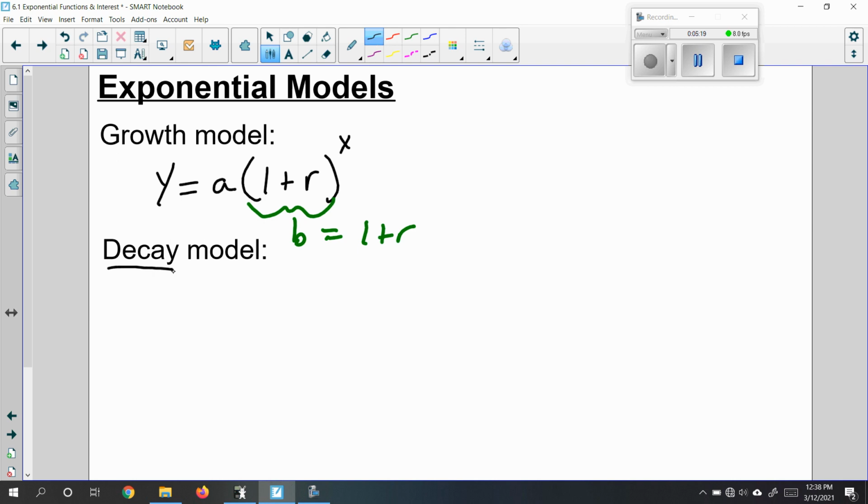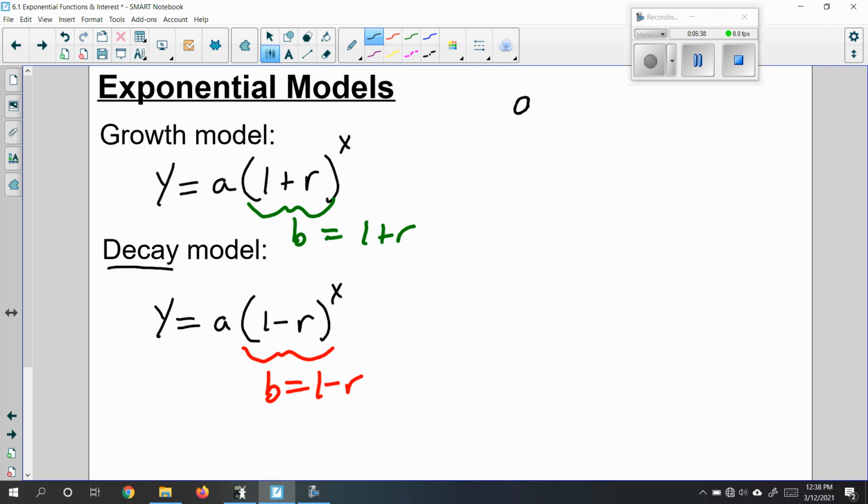A decay model is very similar: y is equal to a times 1 minus r to the power of x. Again, all we have done is replace b with 1 minus r.